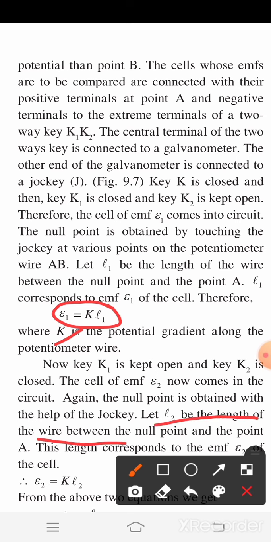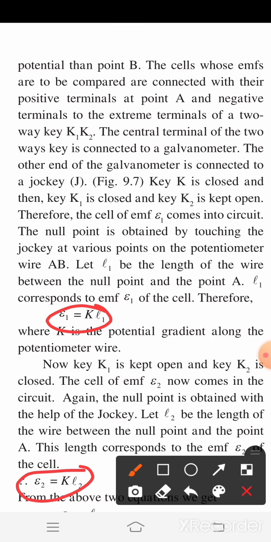From these two results, E1 is equal to K L1 and E2 is equal to K L2. We label E1 equal to K L1 as equation number 1 and E2 equal to K L2 as equation number 2.